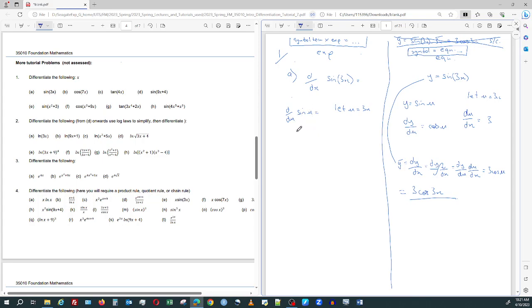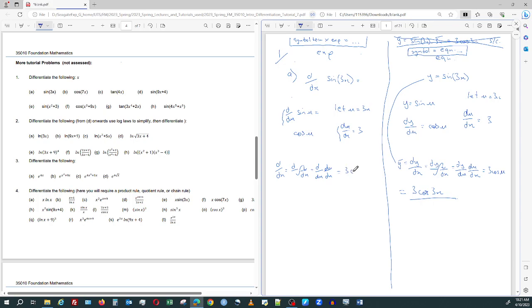Alright, so we can do the calculus, cos u, and du dx is equal to 3. So they're the chains. Putting them together, d dx is in fact still d dx, just going through something else, even though it's a short form, and the something else is du on this occasion.